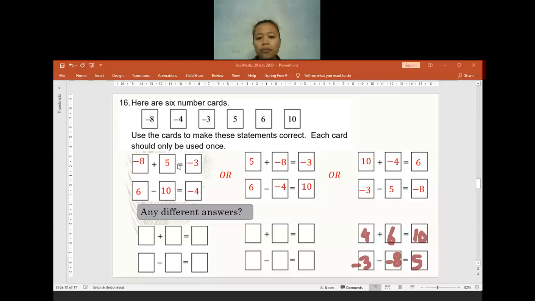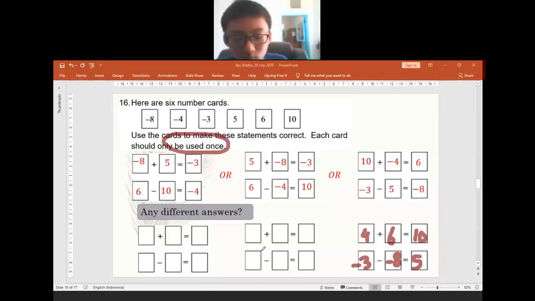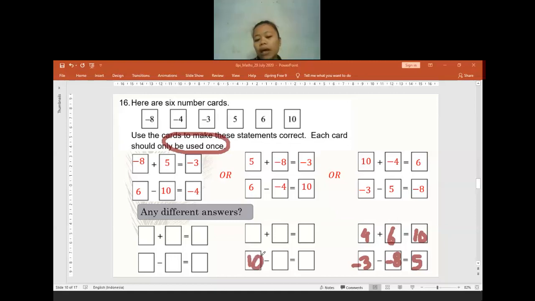If you use 10 minus 5, the answer will be equal to 5. But the question said that the card should be used once, so the card cannot be used twice. If you write 10 minus 5, we use the card number 5 twice, so it is not possible. So there are 4 possibilities so far.